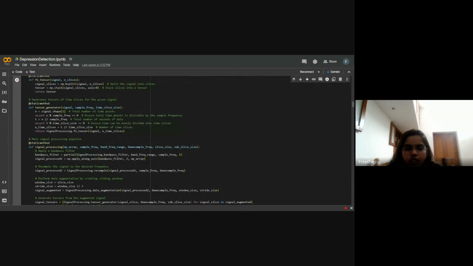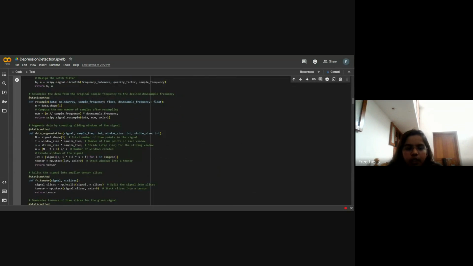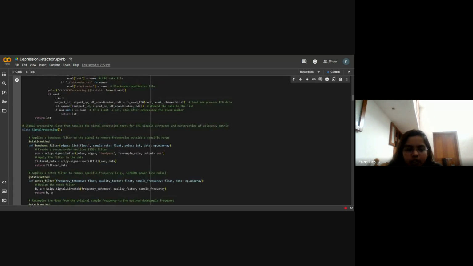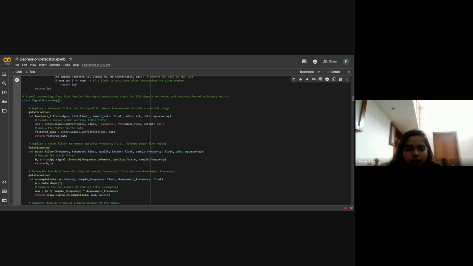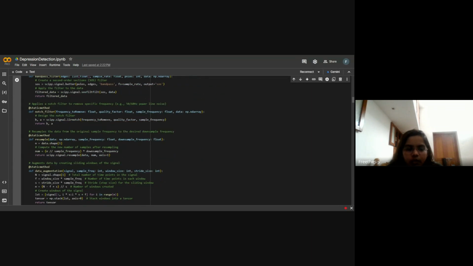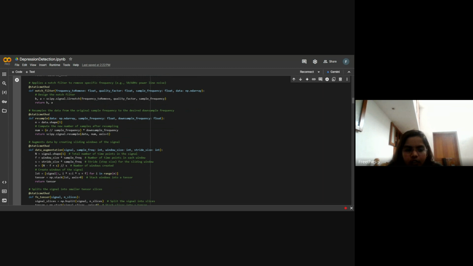After that, we'll be processing the signal. As discussed in the overview, we'll be processing by using the filters, bandpass filter and notch filter, and then we resample the signal and augment the signal. Data augmentation was discussed by Sir in the notebook, where we have the signal in the form of seconds.